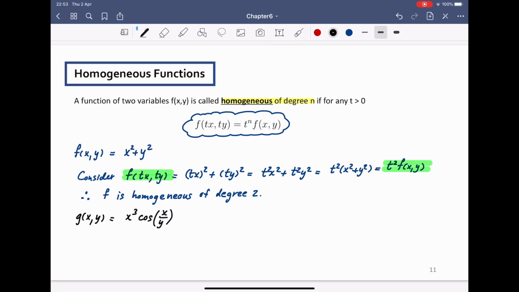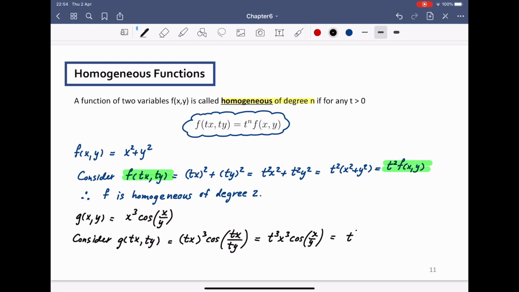Another example, let's say g(x, y) equal to x cubed times cosine of x over y. Then here you're going to have g(tx, ty) equal to (tx) cubed cosine of tx over ty, and once you simplify it, you get t cubed x cubed cosine of x over y, and that is t cubed times g(x, y).